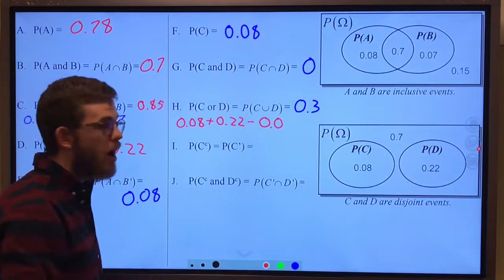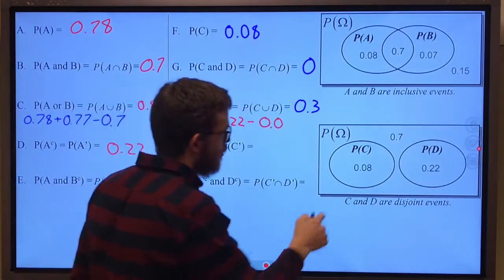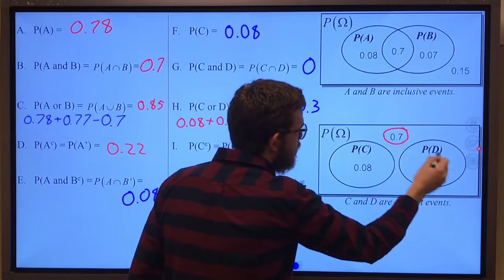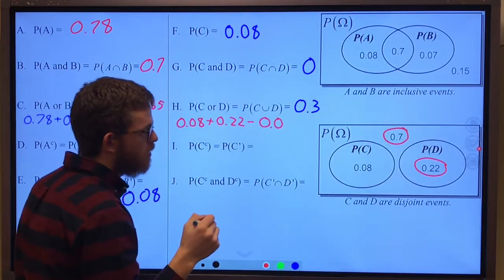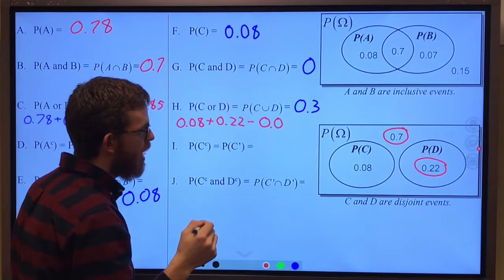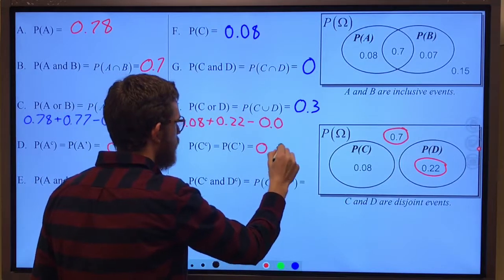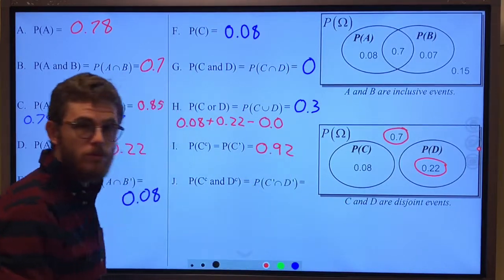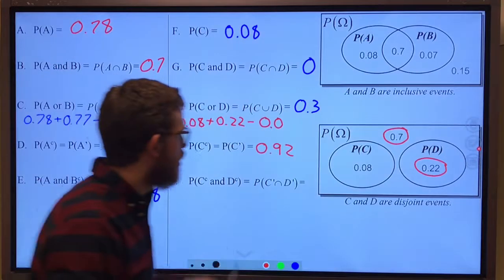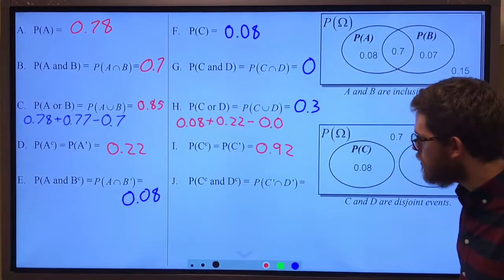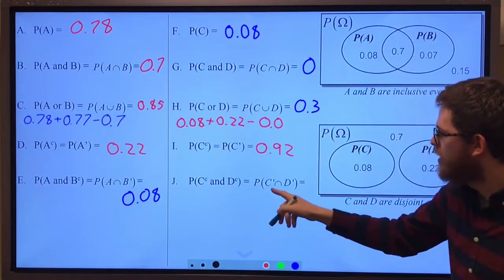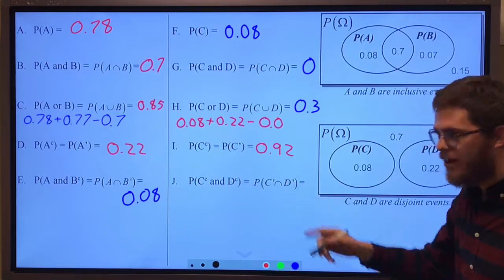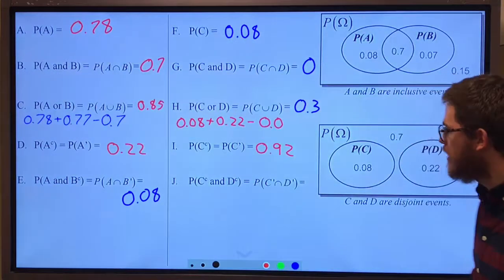Next, probability of the complement of C. Well, everything outside of C is these two values. So we can definitely add those up to get 0.92. And finally, the probability of not C and not D, and both of these things have to be true.